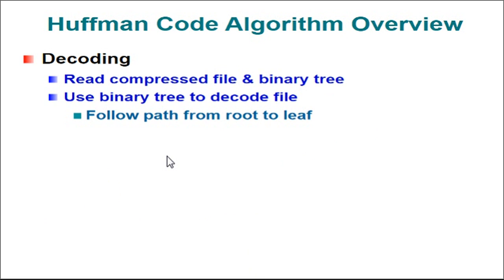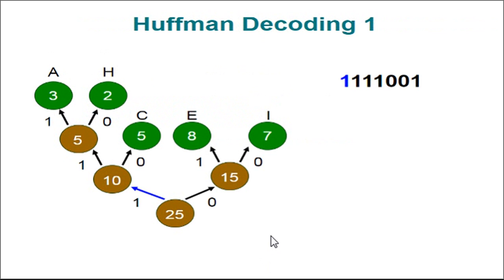Now this is supposed to be decoded. We should be able to get the original message at the receiver. So we have to read this compressed file and binary tree, and we use the same binary tree to decode the file. Here we have to follow the path from root to leaf. Just look at this. We are here at the root.